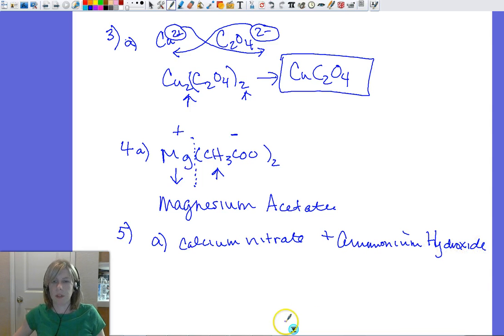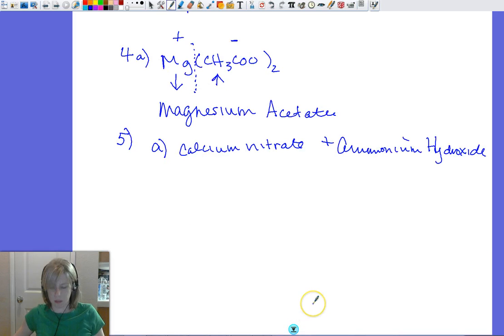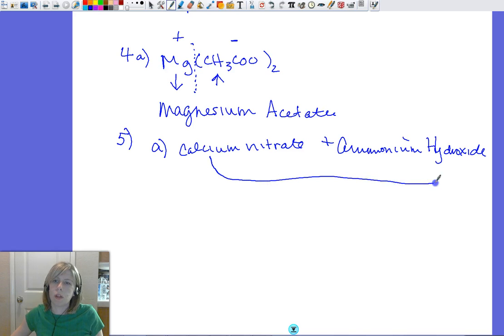Alright, so first thing we need to do is, since it doesn't say we have to write out the whole equation, just wants to know the formula for any precipitate which could form, we can just check. So if we mix these ions, then they could double displace and we'd have calcium hydroxide, or we'd have ammonium nitrate.